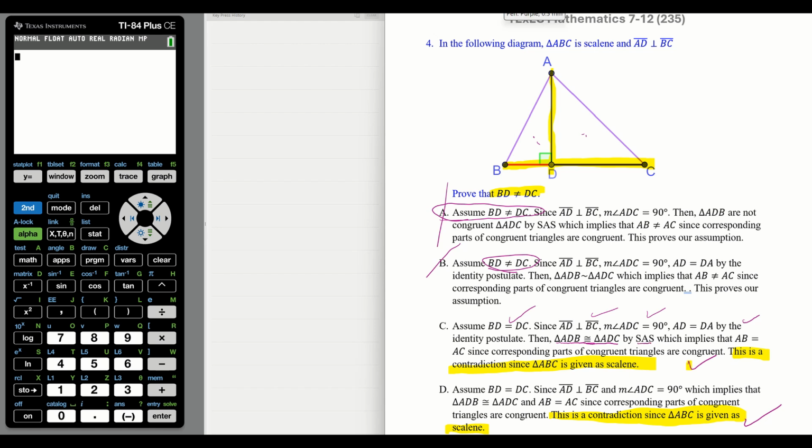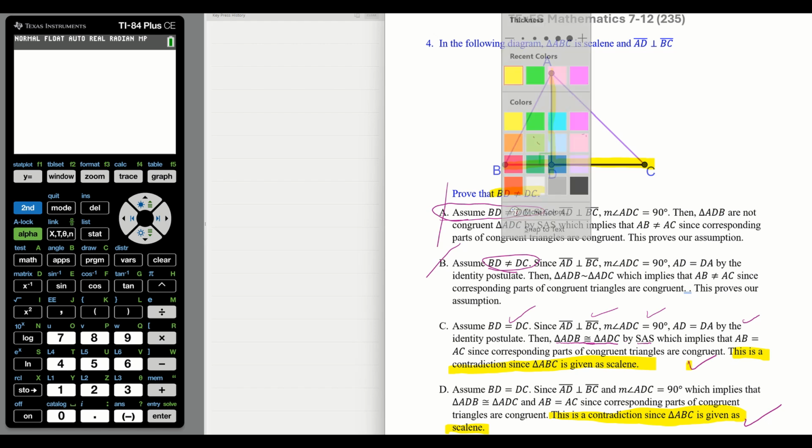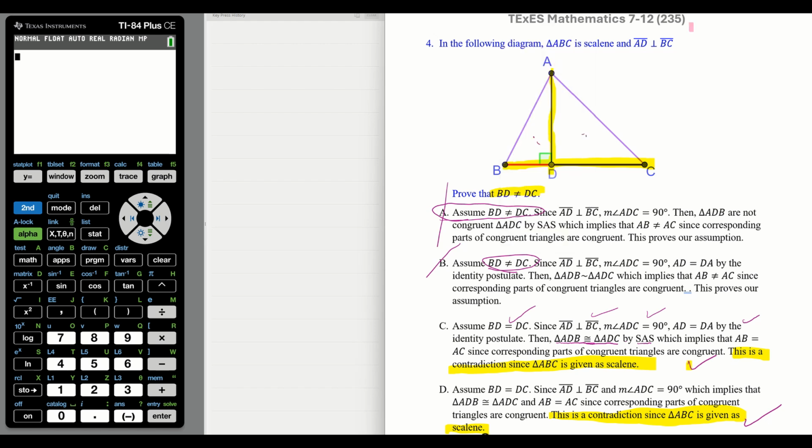Make sure you remember what all those mean, which implies that AB is congruent to AC. Since corresponding parts of congruent triangles are congruent, and that's another way to prove things. It's a theorem. This is a contradiction since it's scalene. The fact that we said it was scalene in the given says that's a contradiction.